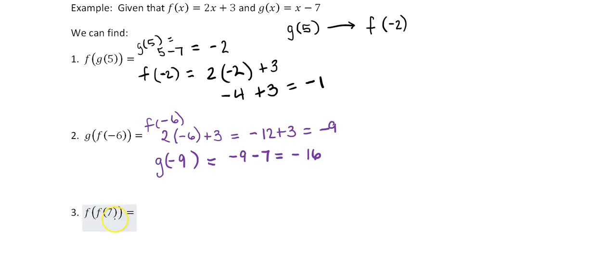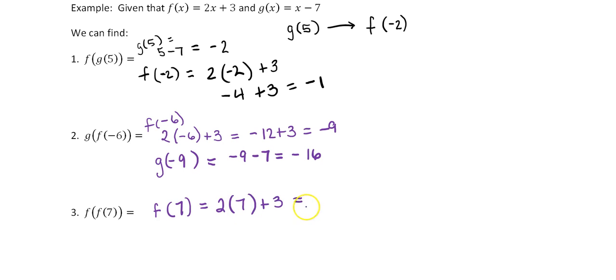Alright, so let me go ahead here, and I've got my f of 7. Well, I'm going to have my f of 7 equal 2 times 7 plus 3.